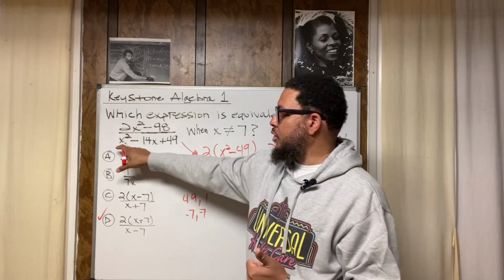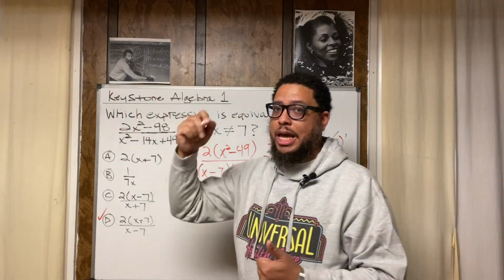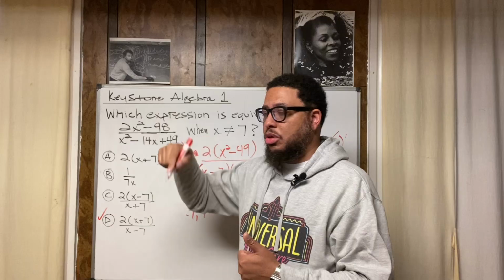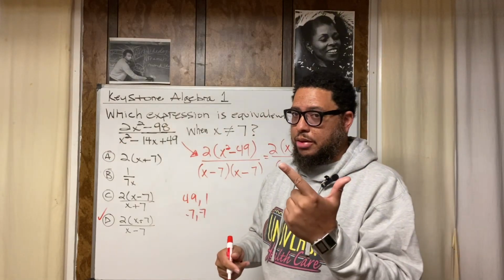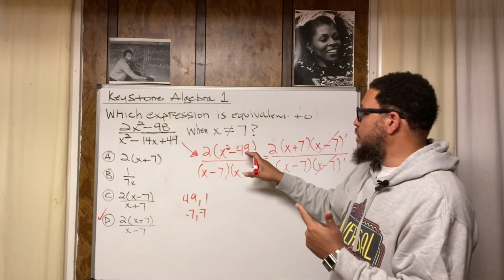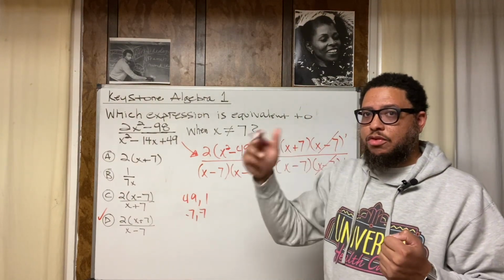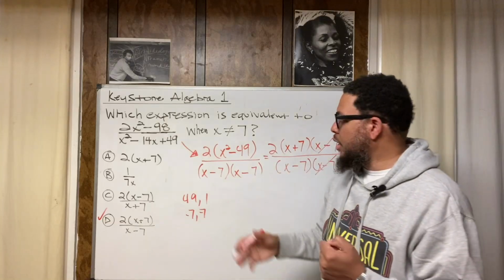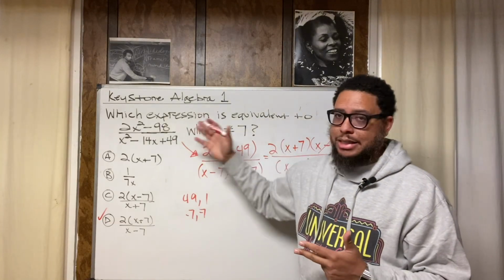You need to know how to factor a quadratic trinomial when the lead coefficient is 1, or we say when a is equal to 1, because a is the letter we use to represent the lead coefficient. And you need to know how to factor a difference of two squares. I got a playlist on that too. So there are 3 types of factoring you need to be aware of in order to do a problem like this correctly.